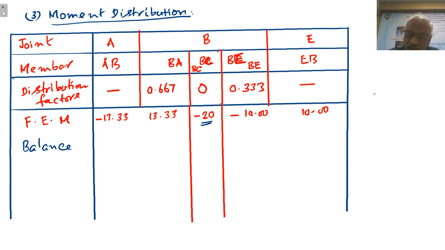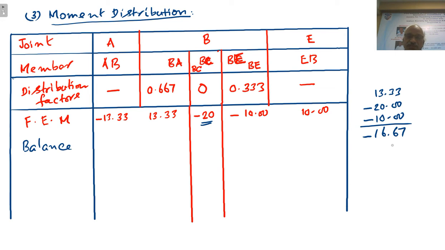The values are 13.33. 13.33 is one value, minus 20 is another value, and minus 10.00 is another value. So these values are to be added. So this is minus 30 plus 13.33. So the balance will be minus 16.67.